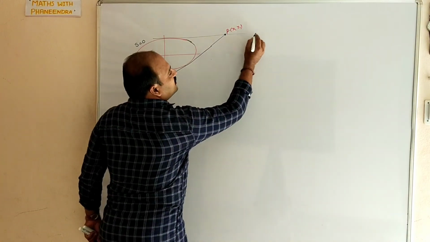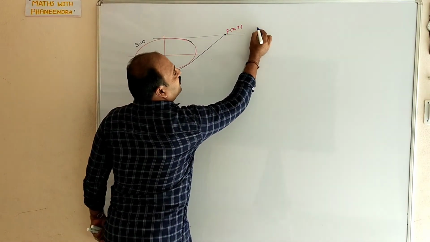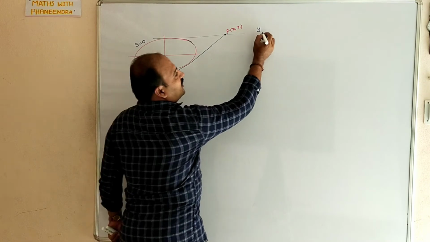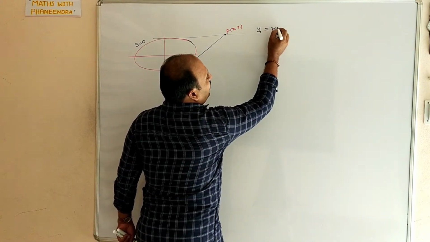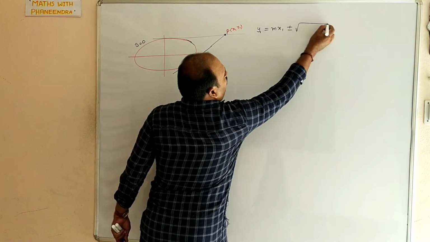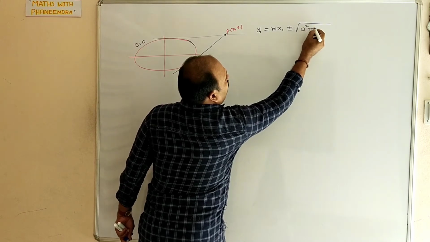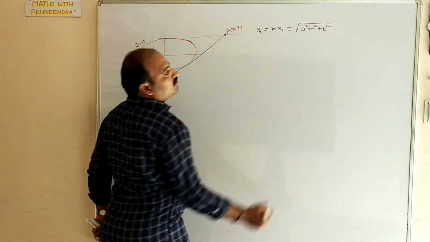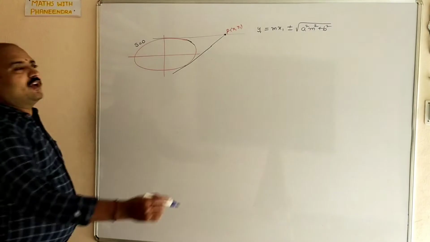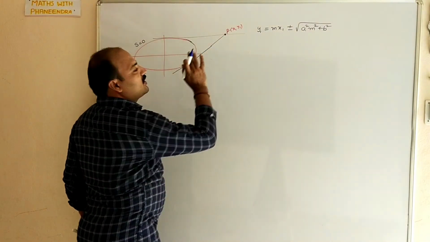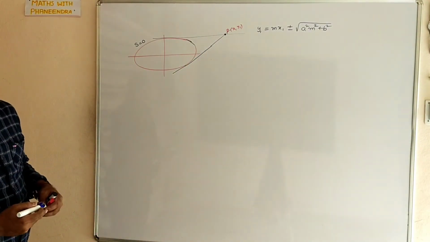That means the tangent with slope m is y1 equal to mx1 plus or minus root of a square m square plus b square. That is one equation of tangent with plus, and another with minus.